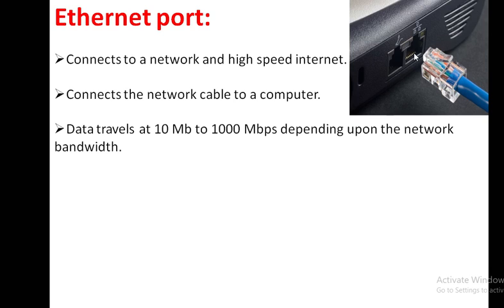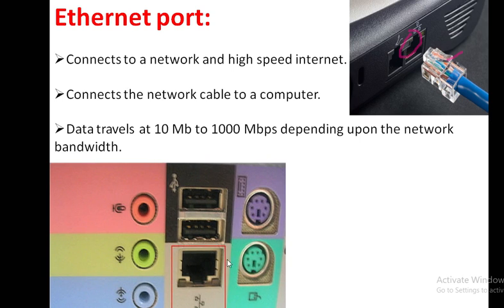This one is the Ethernet port and this one is the Ethernet cable or network cable. See here, behind your CPU cabinet you will get this port. This port is what? Ethernet port, and data travels at 10 Mbps to 100 Mbps depending upon network bandwidth.